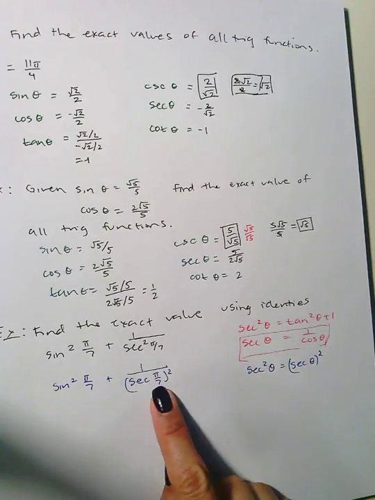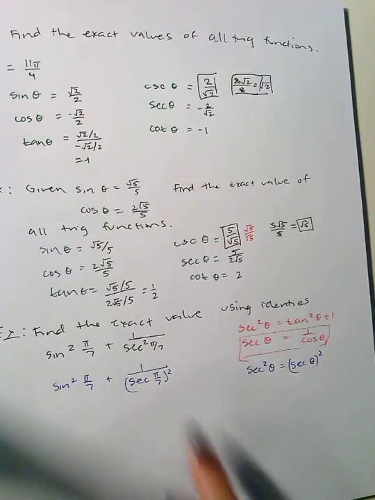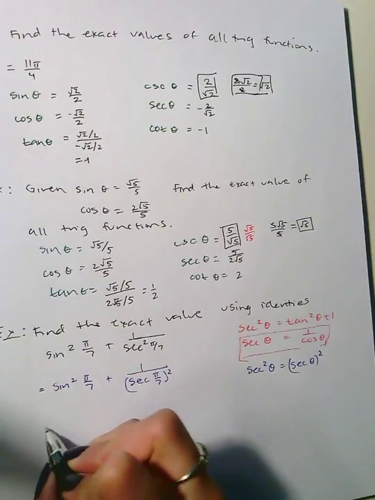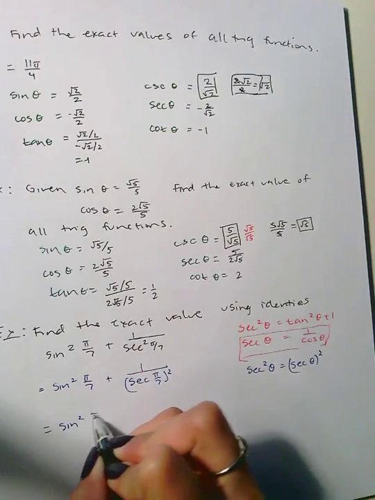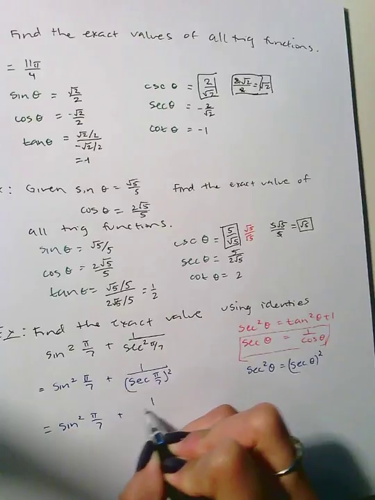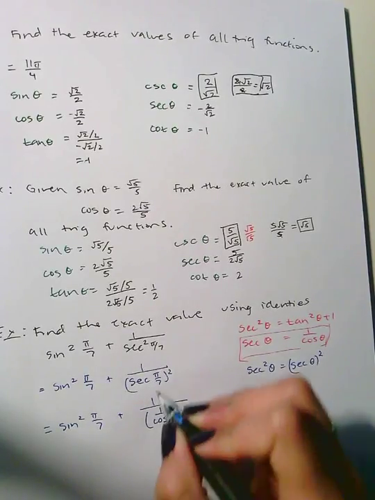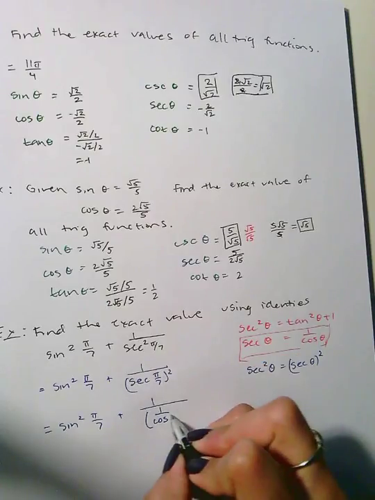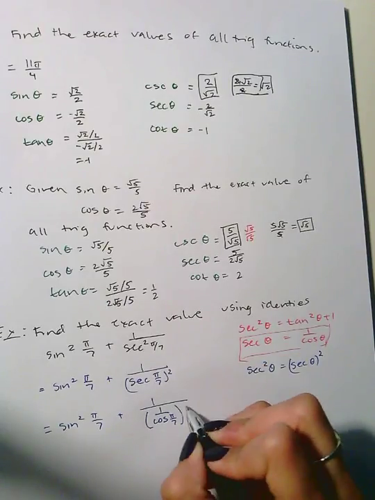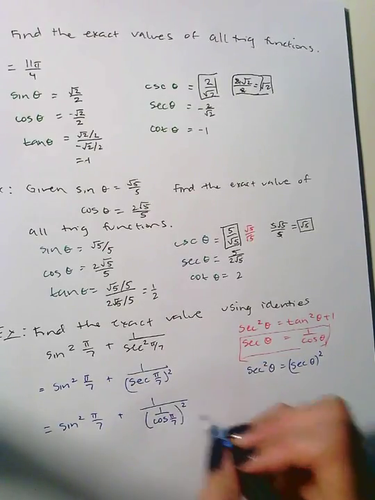Well, in this case, theta is equal to pi over 7. So let's simplify further. This is sine squared of pi over 7 plus 1 over, again, secant is 1 over cosine of whatever angle we're given, pi over 7. And this quantity is still being squared, so carry that square with you.